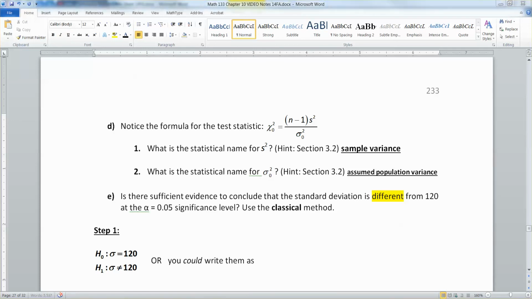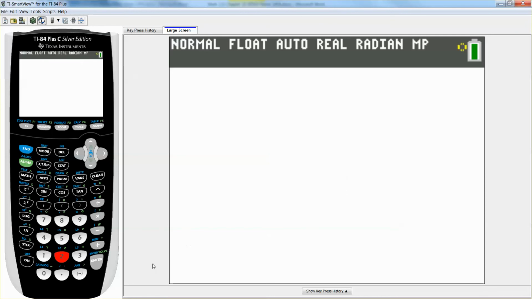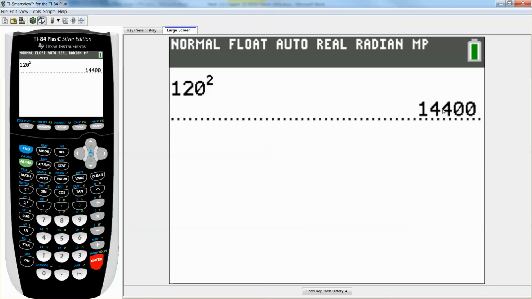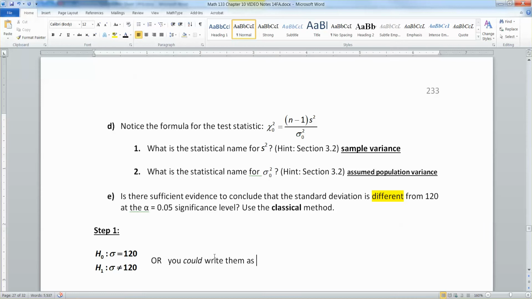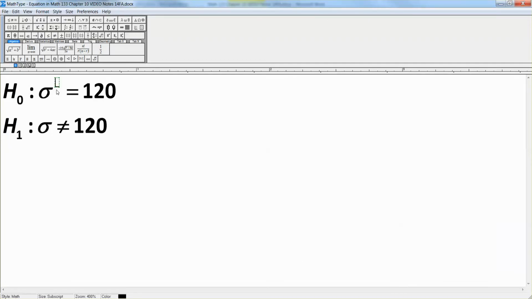Let me find 120 squared just for my own benefit. 120 squared would be 14400. So you could write sigma squared equals 14400, and then sigma squared is not equal to 14400.